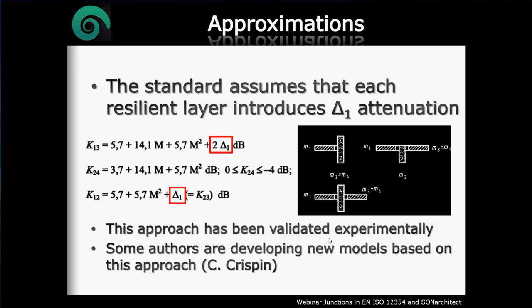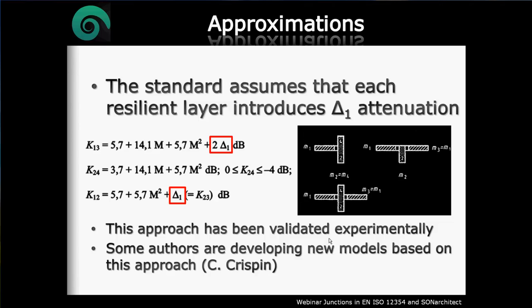The thing is that when you find two receiving layers, you will find double the attenuation. And this approach has been validated experimentally, and in some cases where you can find junctions that are not covered by Appendix E, but still have this behavior or this configuration that you will find two or one receiving layer, the attenuation will just increase by the same ratio.